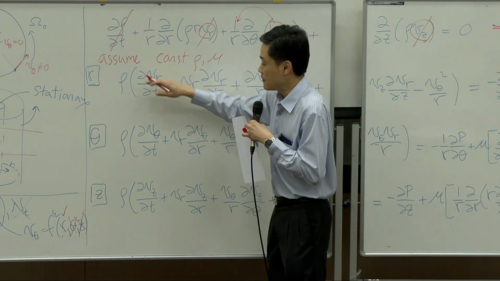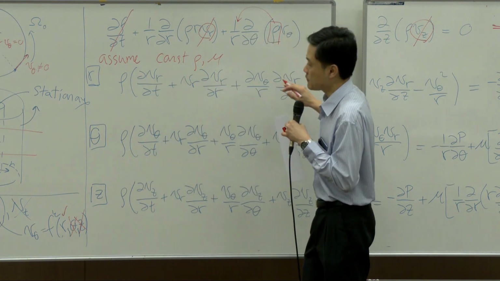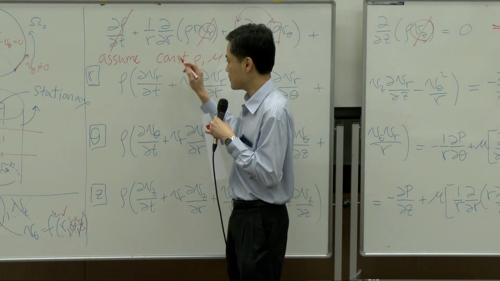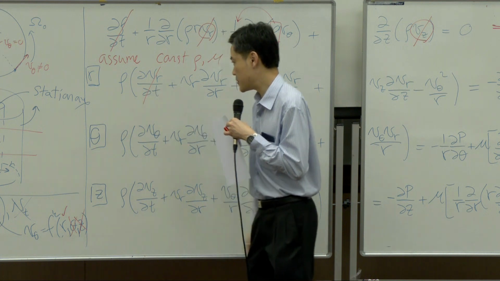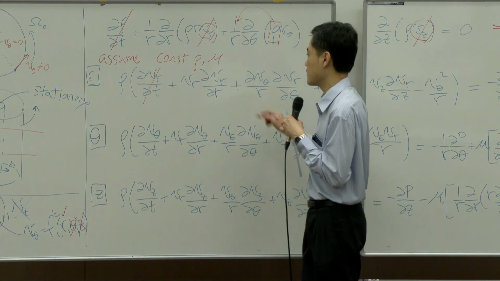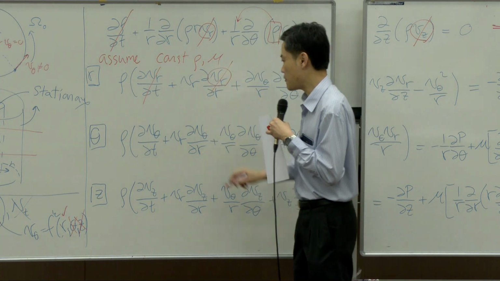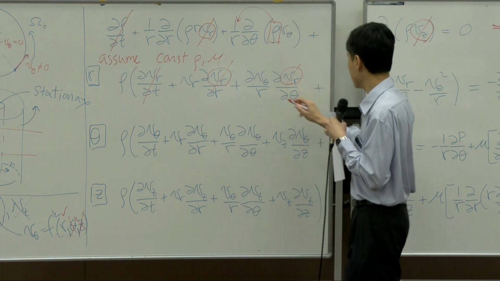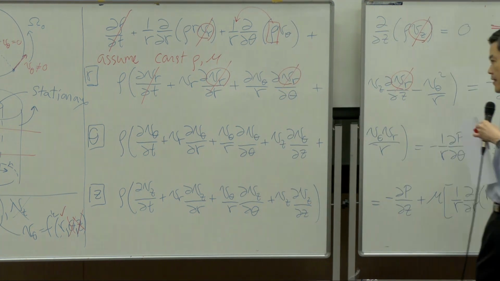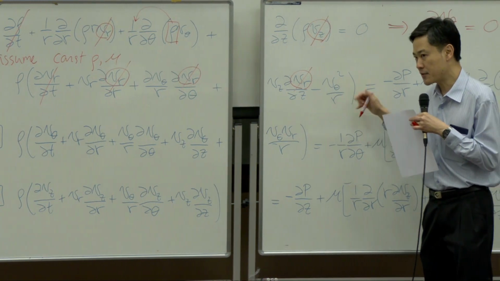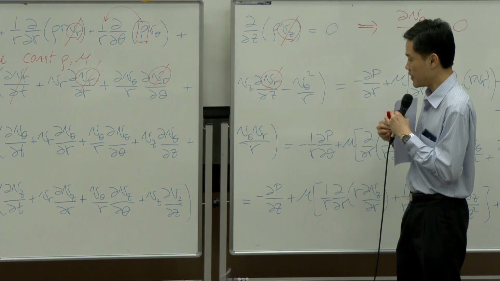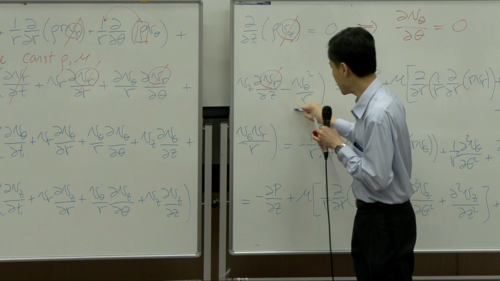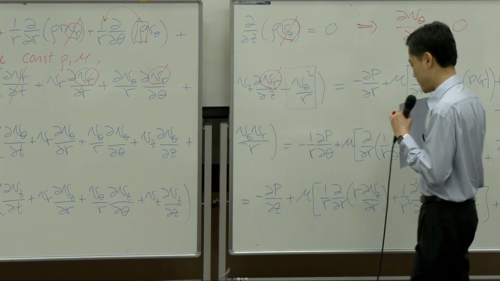Now, 3 components. Let's start with the first one. Steady state assumption, the first term is 0, it's not a function of t. VR itself is 0, so it's 0 here, 0 there. We say that this term is not 0, so therefore it must be kept.